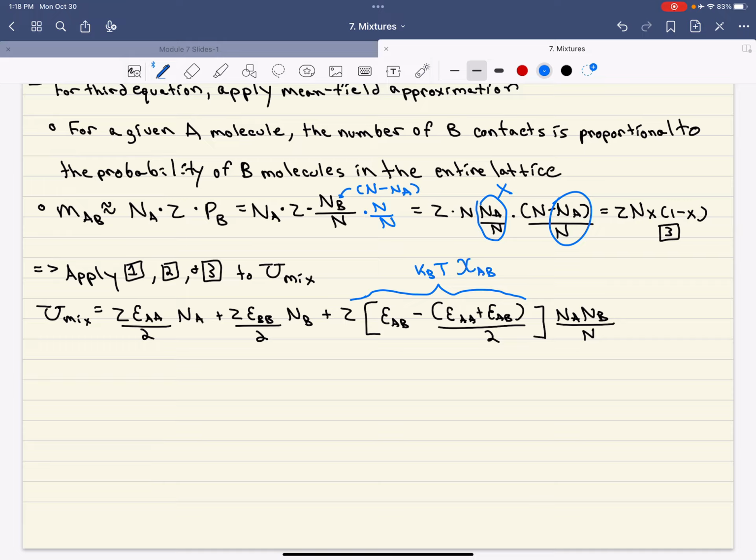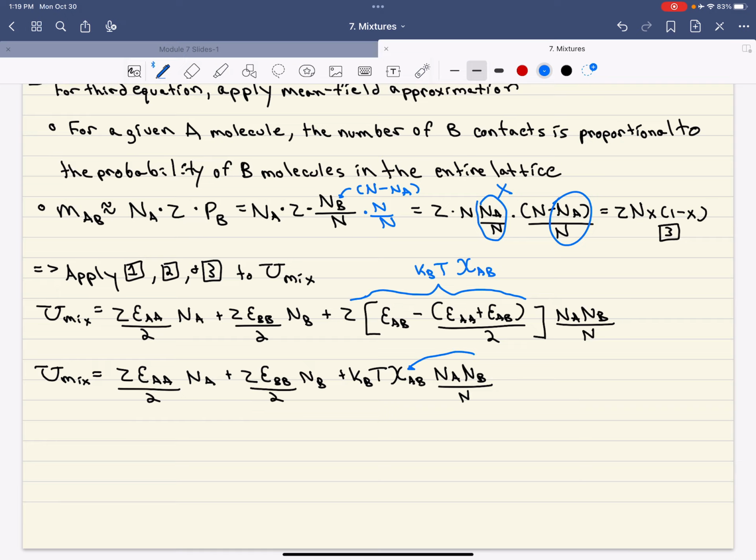That allows us to write U mix like this: plus Z epsilon BB divided by 2 NB, then plus kBT chi AB NA NB over N. And this chi constant is typically called an interaction parameter.